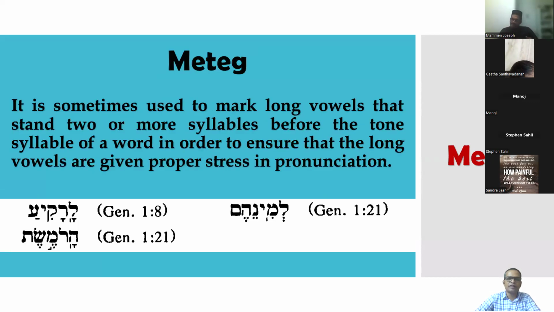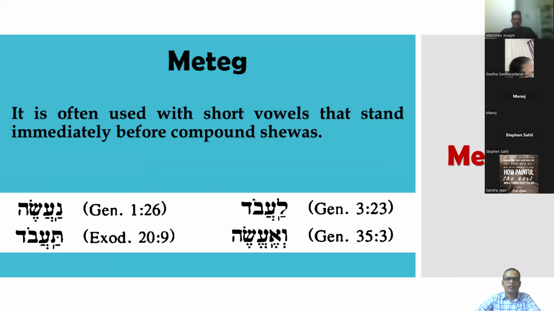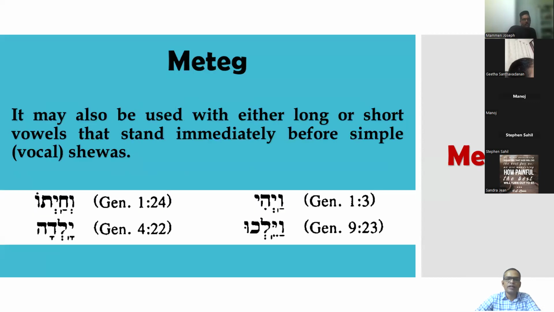The first function is that it is placed along with the long vowel 2 or 3 syllables before the tone syllable, in order to ensure that the long vowel should be given stress along with the tone syllable. The second rule is it will appear with short vowels that stand before compound shevas. Then the next one is it will appear either with a long or short vowel before a simple vocal sheva.